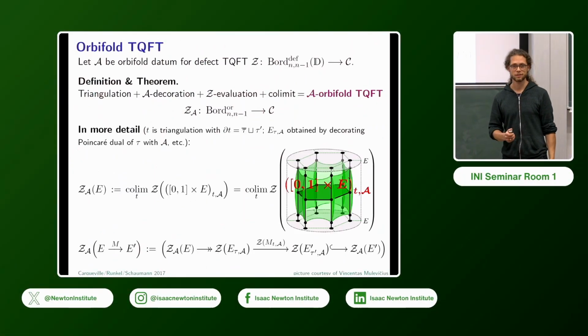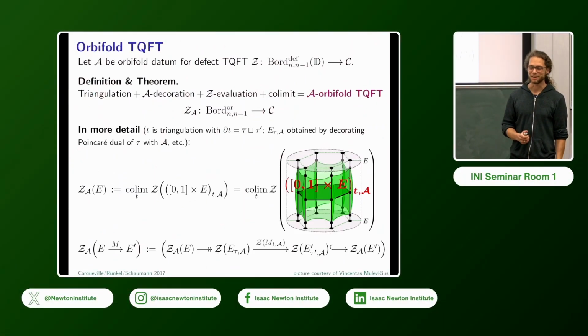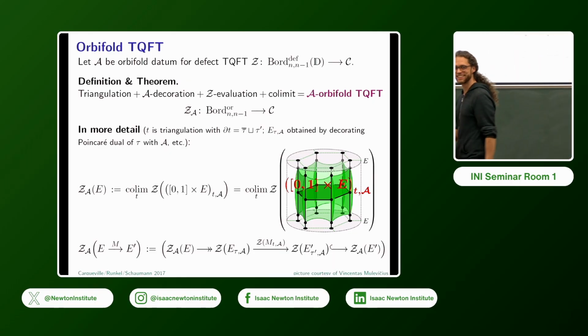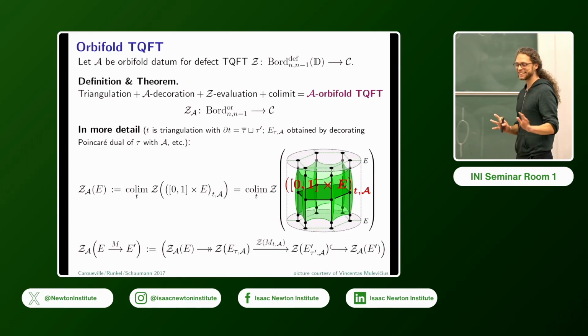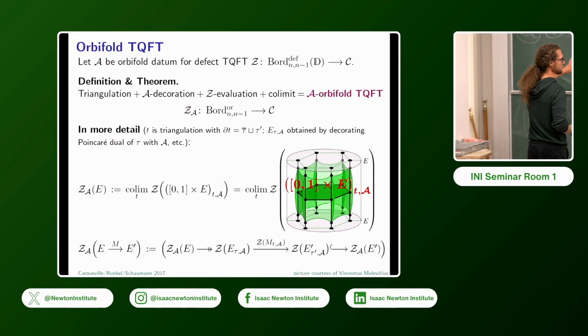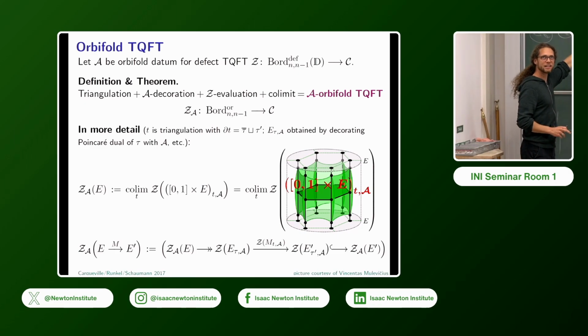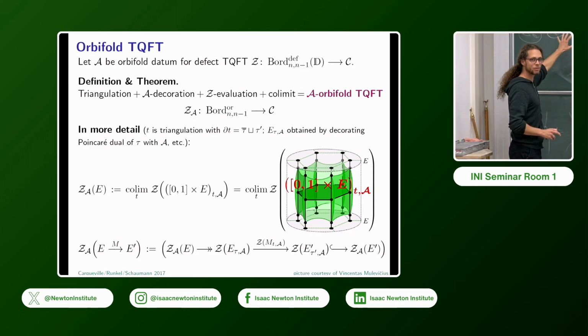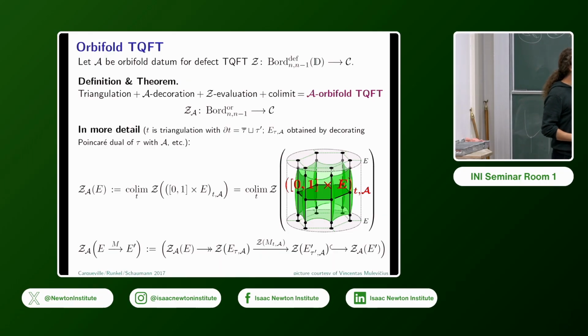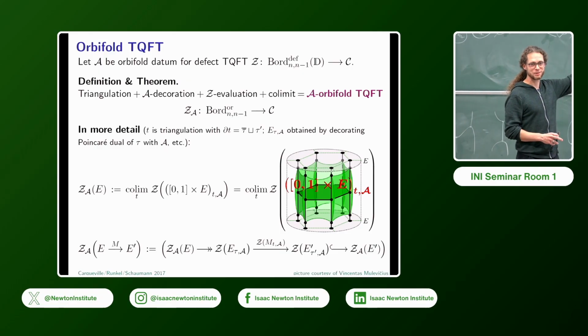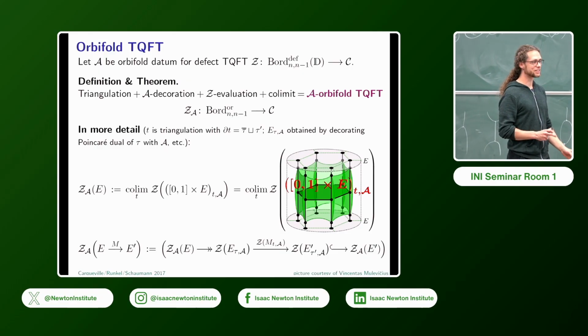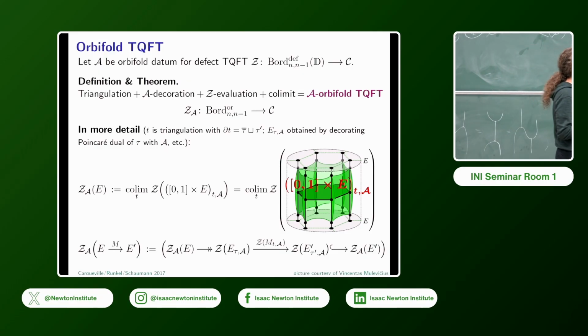Here it is. If I remember correctly, over here in Caroline's lecture, there was the A and B type thing in the Levin-Wen model, right? And that's another way of writing that. But let me add more context.